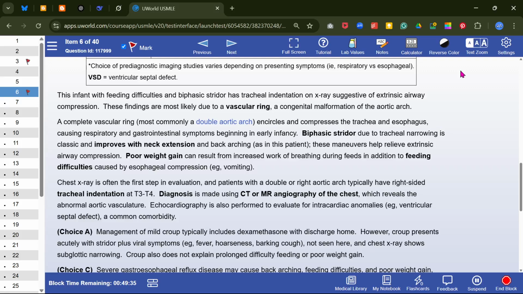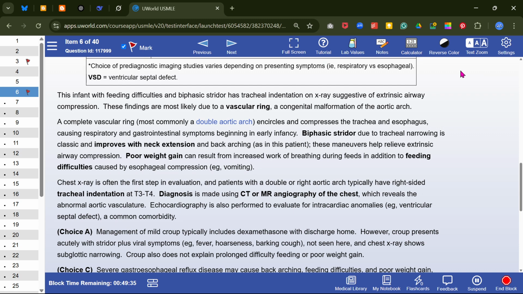causing respiratory and GI symptoms beginning in early infancy. Biphasic stridor due to tracheal narrowing is classic and improves with neck extension and back arching.